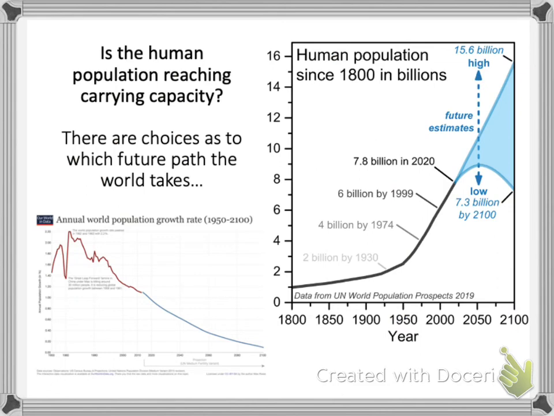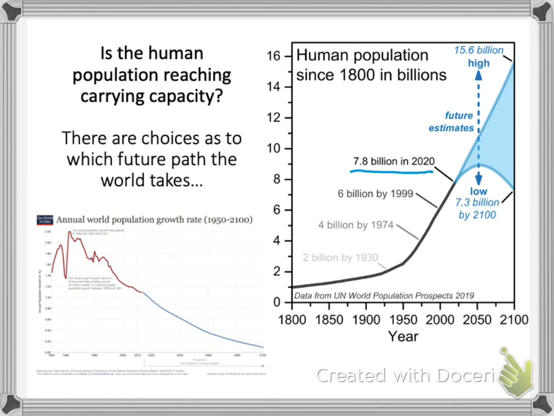Well, we know that in natural populations, exponential growth can't go on forever. So is the human population reaching its carrying capacity? Well, that's really to be determined. And there are choices we have to make as humans as to which path our future world could take. So here you can see right now, 2020, there's about 7.8 billion people on Earth.